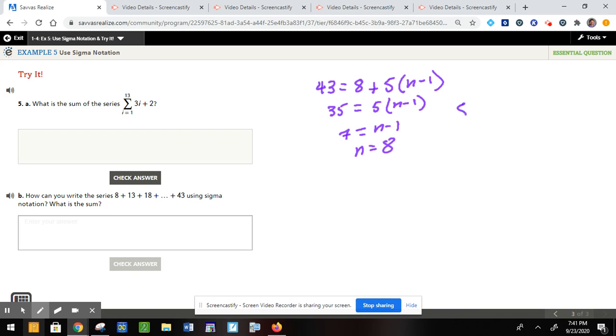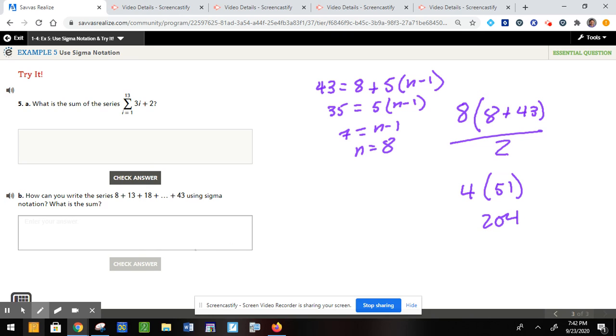So that's the n, which is 8, times the first term, which is also 8, coincidentally, plus the last term, which is 43. And then all of that divided by 2. So 8 divided by 2 is 4, times 51, and you end up with 204.